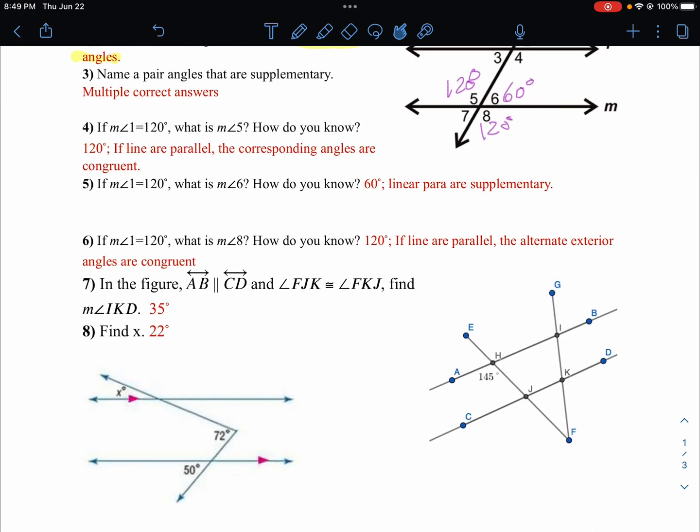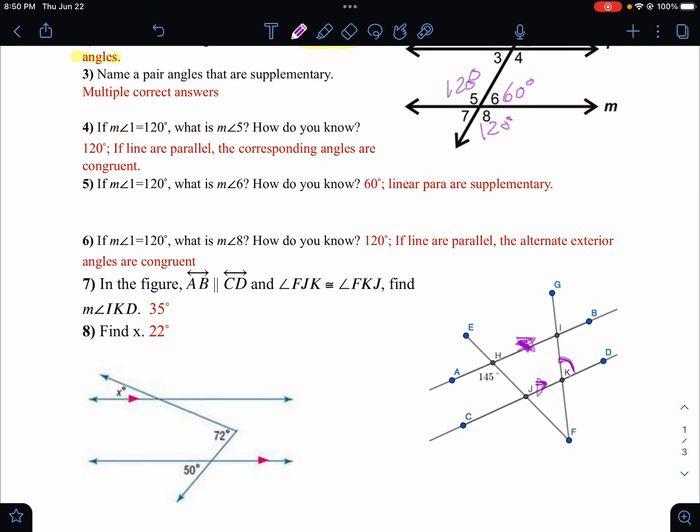Now, on question number 7, we're supposed to find the measure of angle IKD. So let's mark that. I to K to D is this angle right here. And we're told that lines AB and CD are parallel.